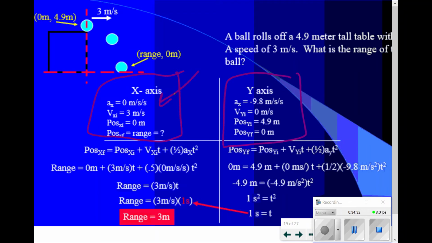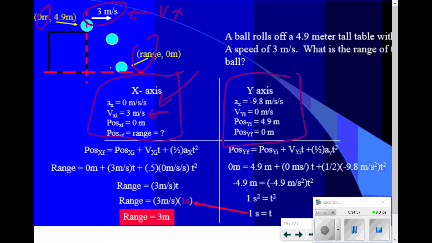Please notice I know the acceleration for the x was 0, as it always will be for us. That's 0 meters per second squared. My initial x velocity was 3 meters per second because my velocity here is going along the x-axis. My initial x position was 0, and my final is unknown, so I'll just call that range.